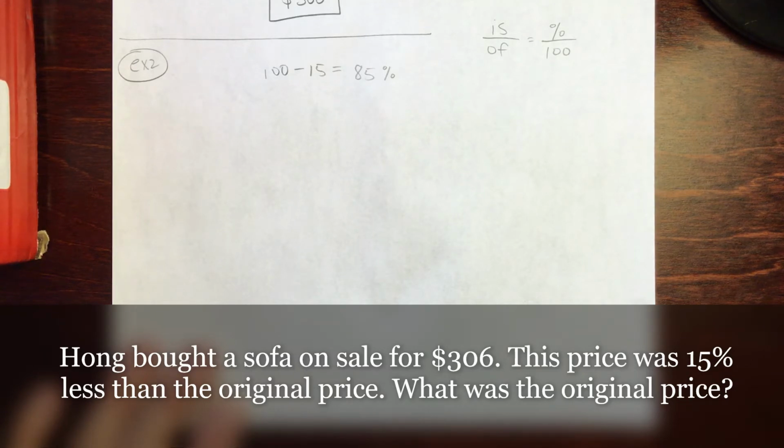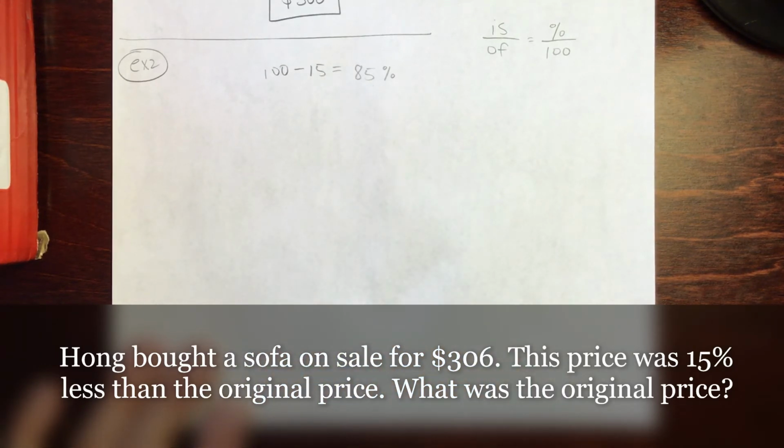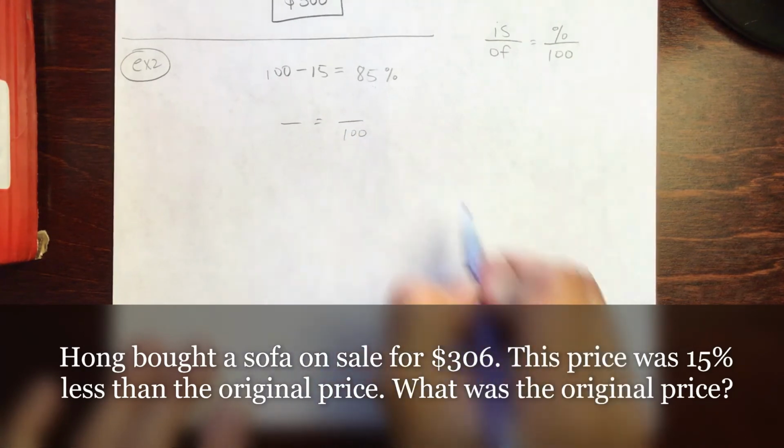So make sure you pay attention to what kind of percentage they give you. Do they straight up tell you the percentage that it was, or how much did they take off? If they tell you how much they took off, you have to do this extra subtract from 100 to figure out what the percentage is. Okay, so 306 is 85% of what was the original price. Let's use our proportion here.